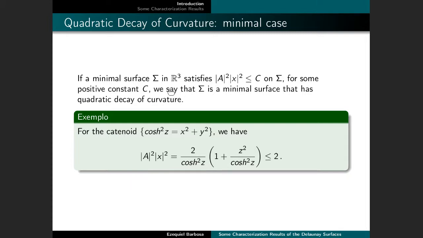So we will say that a minimal surface in Euclidean space has quadratic decay of curvature if the second fundamental form satisfies this inequality. The catenoid is one example of this situation. So we would like to take a level set surface of a function, and depending on the control of the derivative of the function, you will have a control on the geometry of this surface. And is it possible to get a control on the topology and then classify the surface?